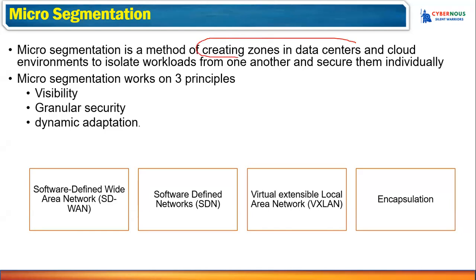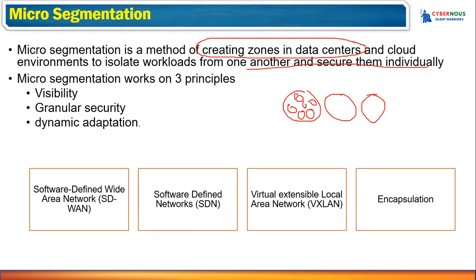We are more specifically focused on data center and cloud environment in this case, to isolate workloads from one another and secure them individually. So, instead of just going through some kind of segmentation on the network side, now we want to go for micro segmentation. Even in segmentation, we are going a little bit more granular in the case of micro segmentation.